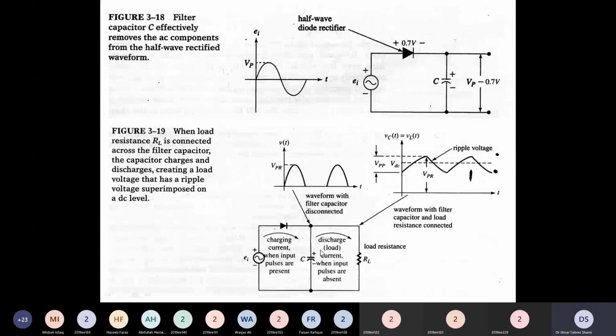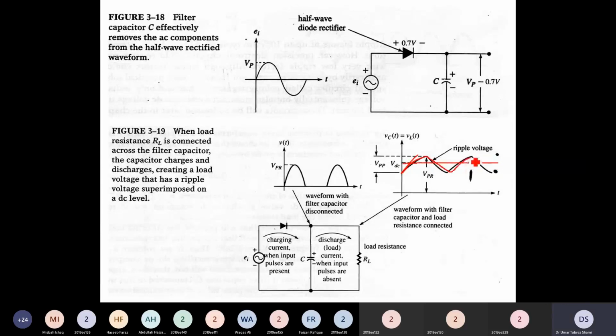With the addition of the capacitor, we get a ripple voltage which is superimposed on the DC voltage. So here is the DC voltage, this is the regular DC voltage, and also this AC component.